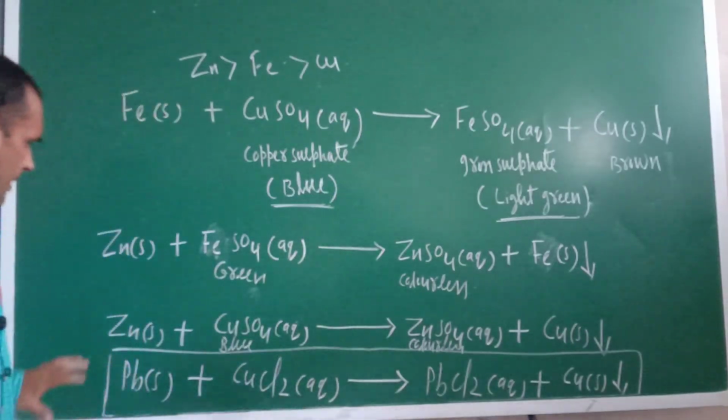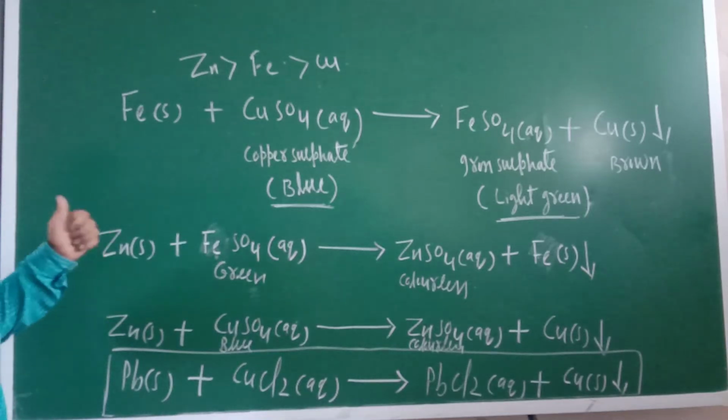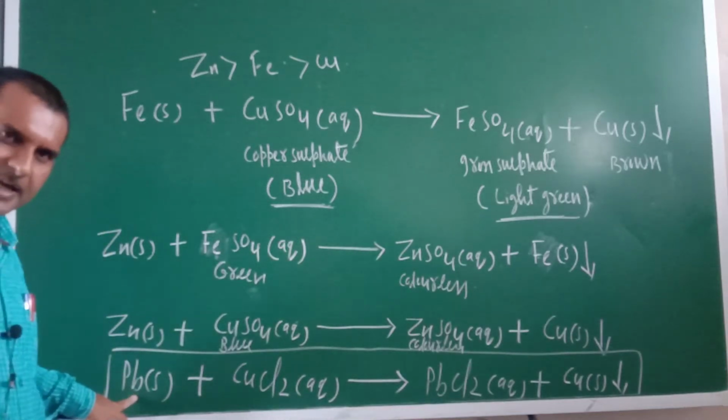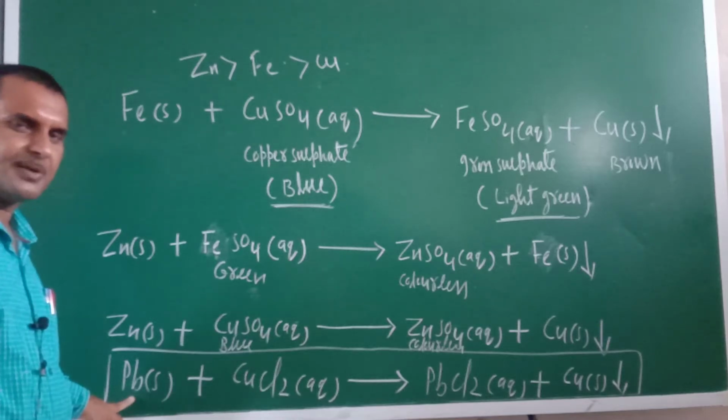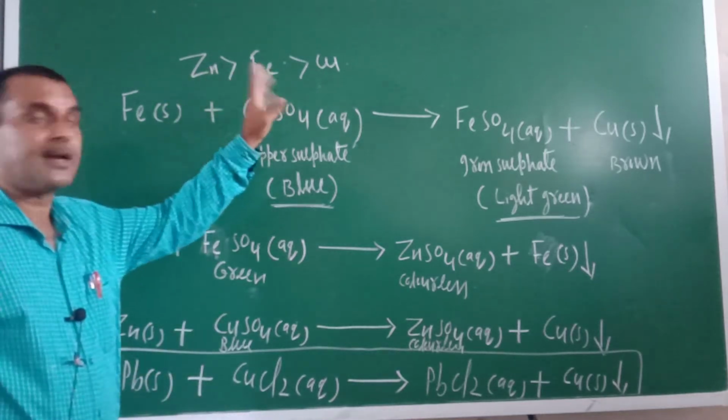Okay. Just see, if three different reactions are given, very easily we can decide the reactivity of the metals. Of course, for lead, the last reaction, we cannot correlate its reactivity with zinc, iron and copper.